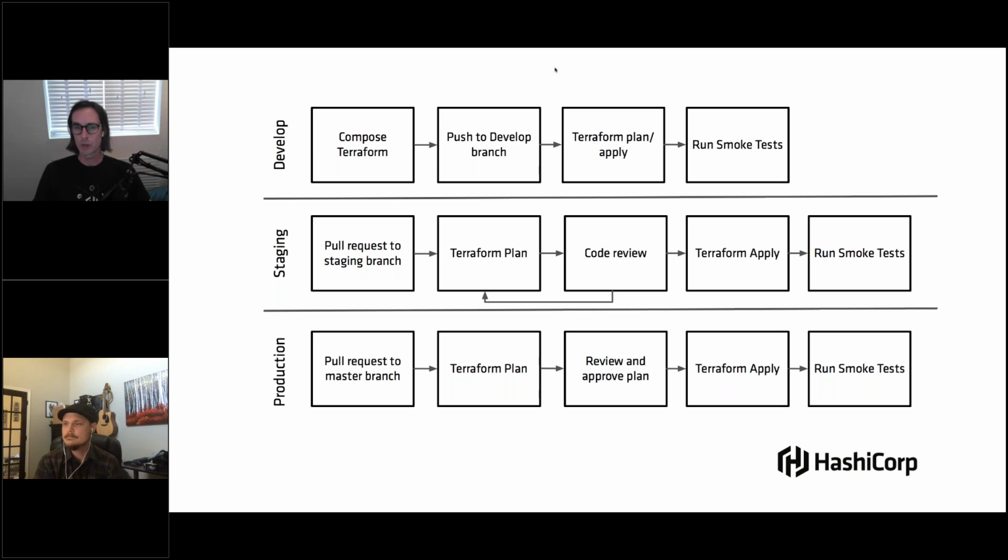With staging, we want to take a formal Git flow approach. So we want to do code reviews on our Terraform configuration, and we want to make sure that the Terraform plans are reviewed and approved before the infrastructure changes are made. And on production, we want to take a similar approach to staging, but we only want certain individuals to be able to make those production changes. So let's see how that works.